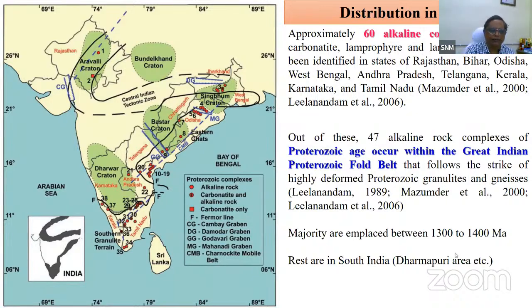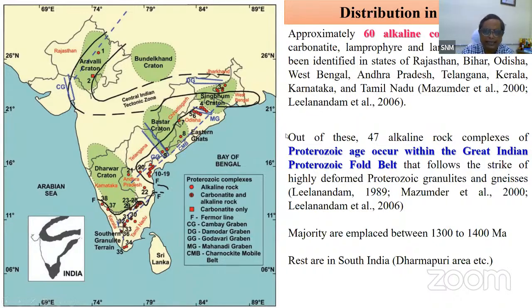And this shows the distribution of alkaline rocks in India. Coming to the Indian context, you can see the Great Indian Proterozoic Fold Belt, that is following from the Aravalli to Central Indian Tectonic Zone to Eastern Ghats, and then the lower part is obviously the Southern Granite Terrain.